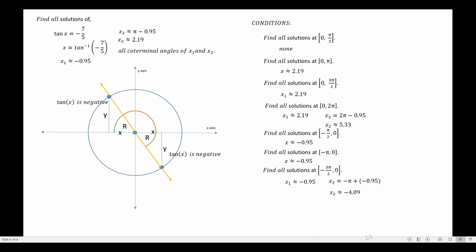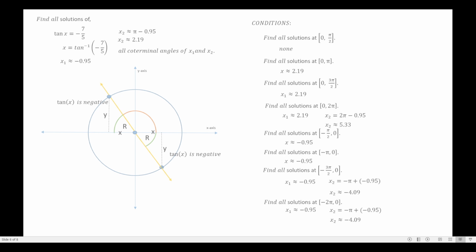In the same way again, just try to substitute this to x and see if it really gives you an approximate value of 7/5. Then lastly, for the full revolution clockwise rotation, the same, there will be two values: approximately negative 0.95 and approximately negative 4.09.